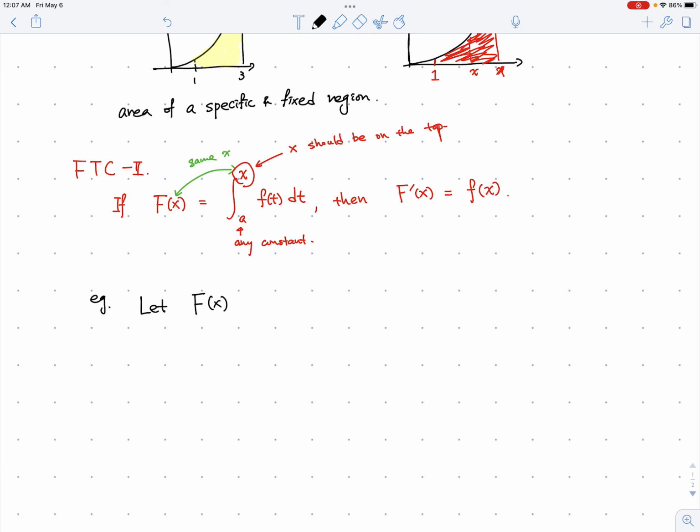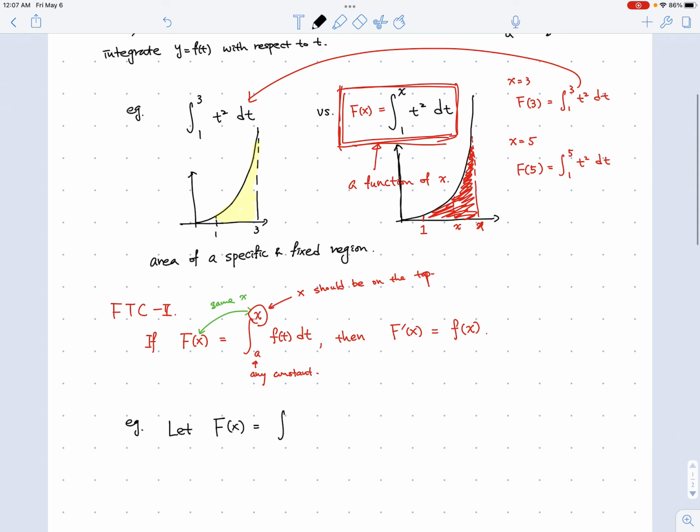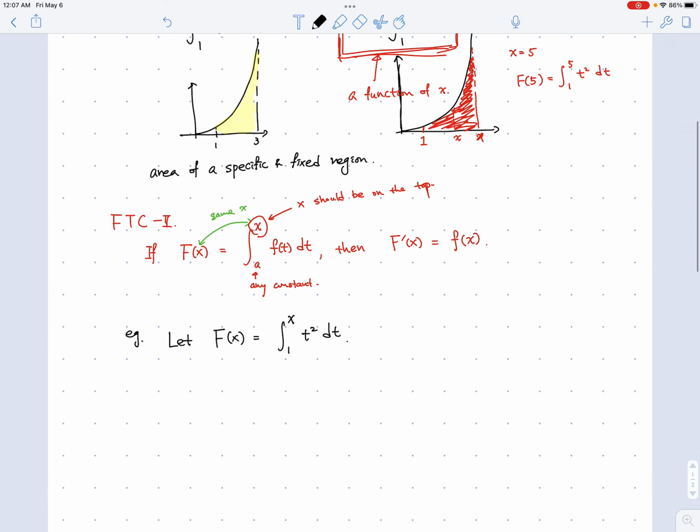For example, if I have F of x defined like the one we have here on the top, the integral of t squared from 1 to x, then according to the theorem, we would have F prime equal to x squared. That's it. This is what it says.